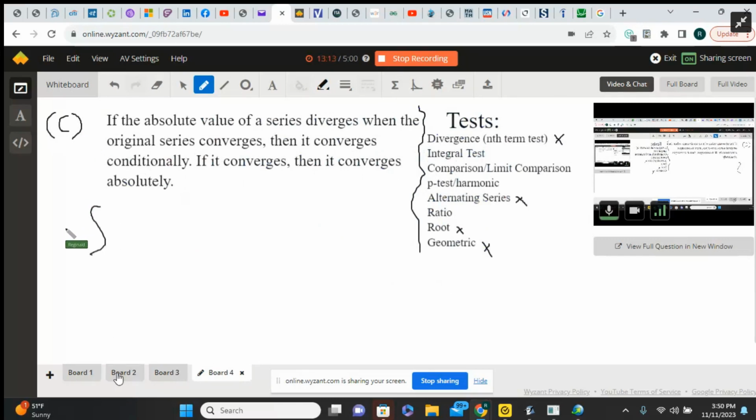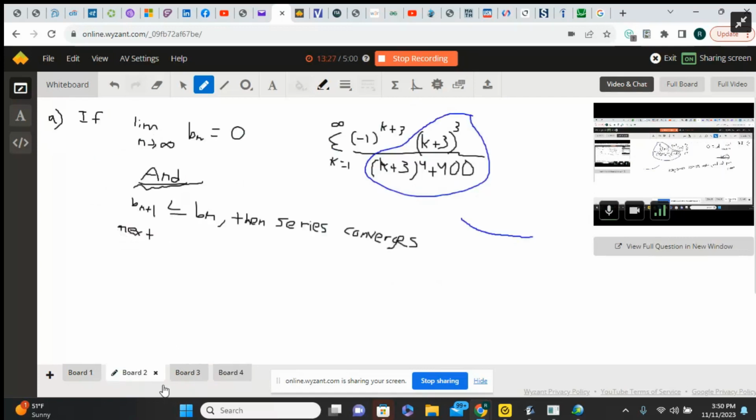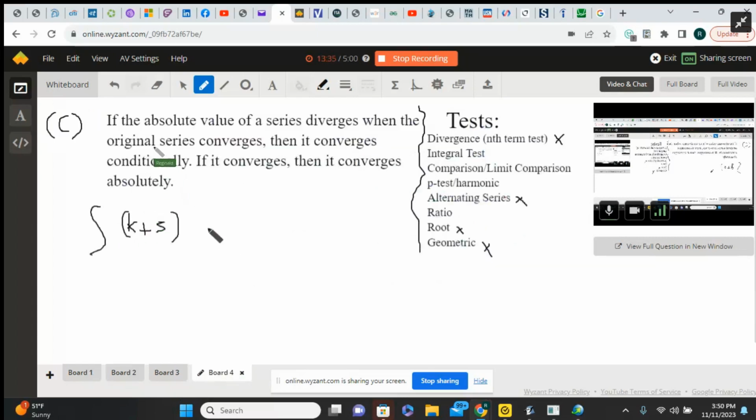You have to have the integral of k plus 3 to the third over k plus 3 to the fourth plus 400.